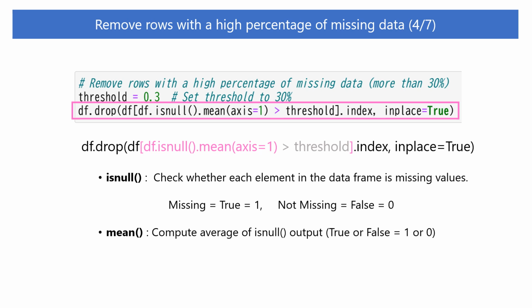It returns True where there are missing values, and False where there are no missing values. The mean(axis=1) calculates the percentage of missing values for each row based on the results. The return value of isnull, True, is treated as the number 1 and False as 0. So, using mean() allows you to find the percentage of missing data in that row.